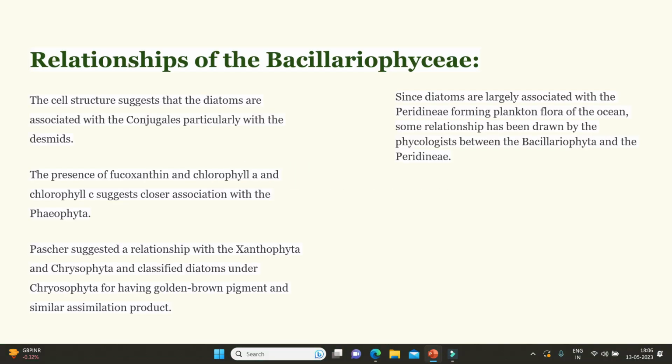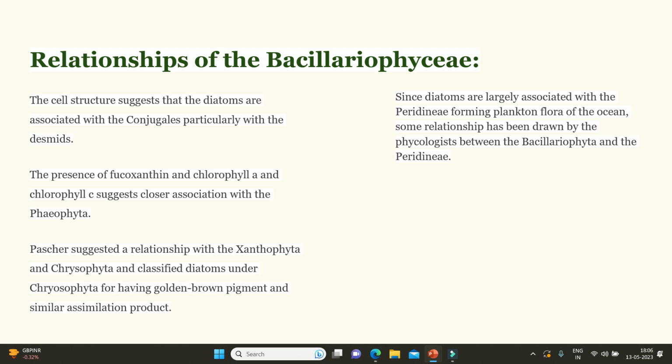Next, let us see some relationships of the Bacillariophyceae. The cell structure suggests that the diatoms are associated with conjugales, particularly with the desmids.